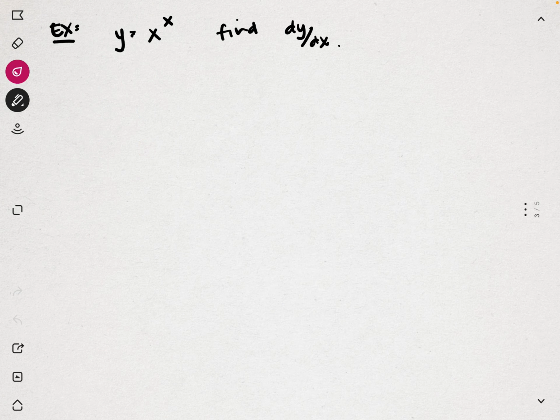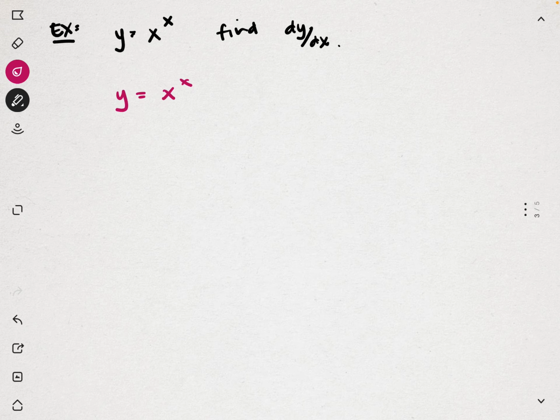So this one, we're looking at x to the x. For this one, we're going to use some of our algebraic properties. Because we have the x in the exponent as well as its base, we can't just go ahead and straight do one of our rules.